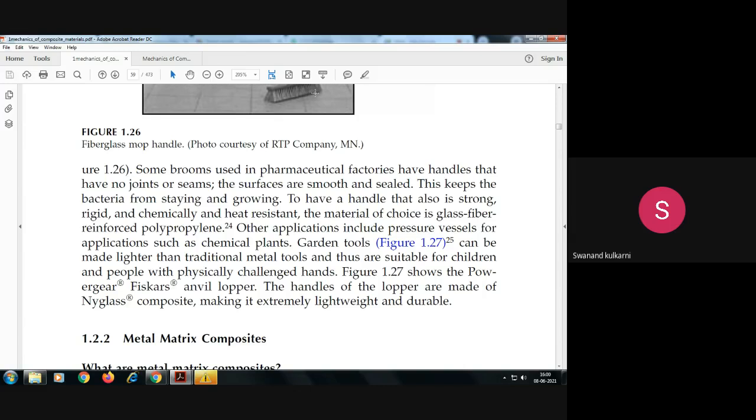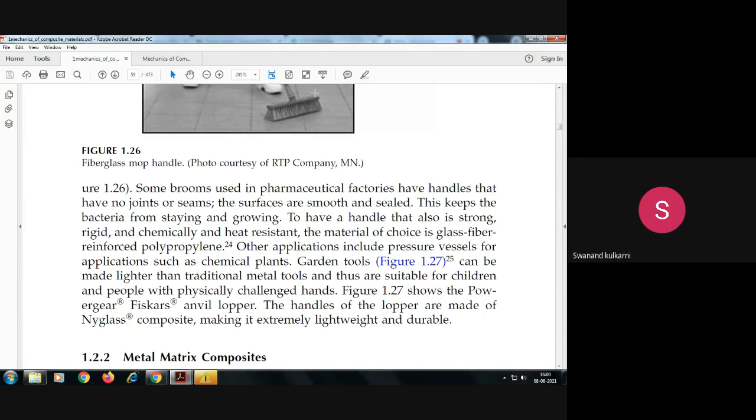So those are also manufactured with different composite materials. Niglas is the name of a composite material which is extremely lightweight and a durable type of composite material. So here we can see how many applications polymer matrix composites possess.